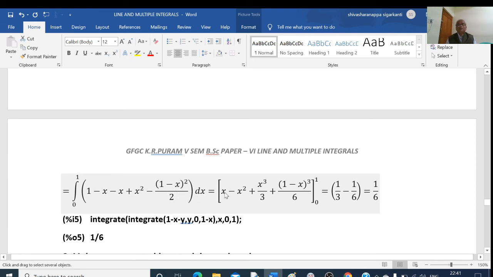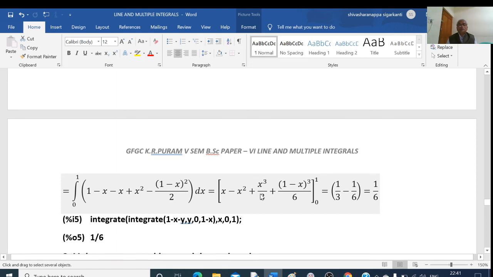Directly integrate this: minus x minus 2x, so minus 2x. Okay. You can expand and simplify, or directly we can integrate. Integration of 1 is x. See, this is minus x, minus 2x. Minus 2x integration is minus 2x square by 2. 2 gets cancelled, minus x square plus x square.